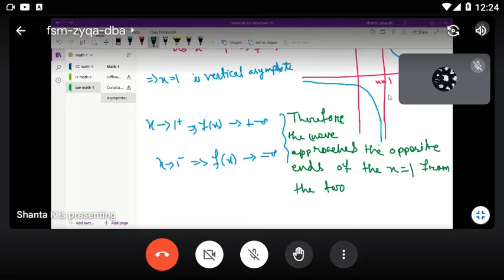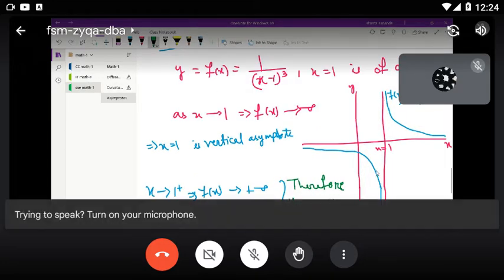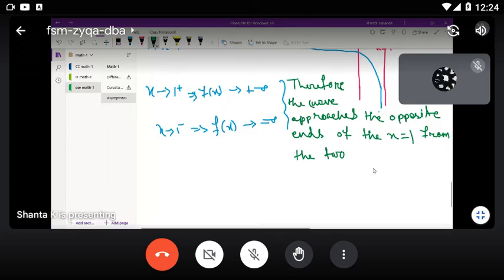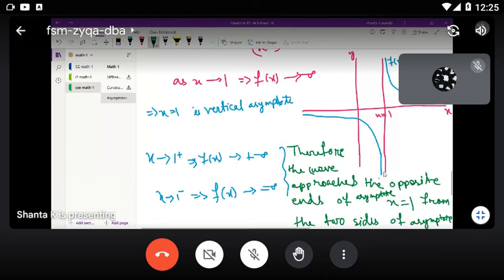This is one end and this is the opposite end, and from two sides. This is the asymptote, x equals 1. So whenever it is odd, this is the scenario. It approaches both opposite ends of the asymptote and from both sides.